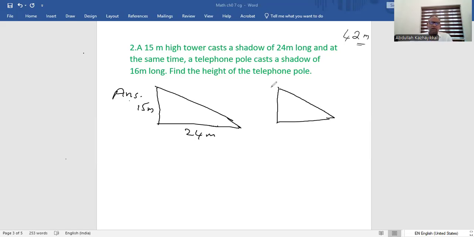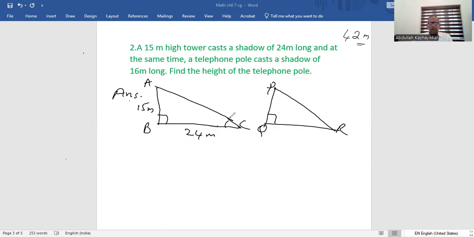So we have to find out two triangles: ABC, and this is PQR. Both are 90 degree.